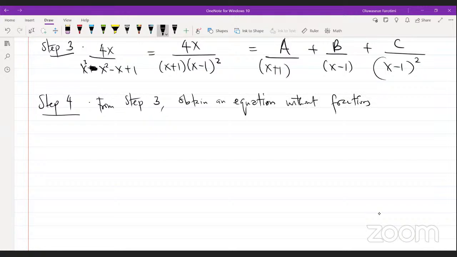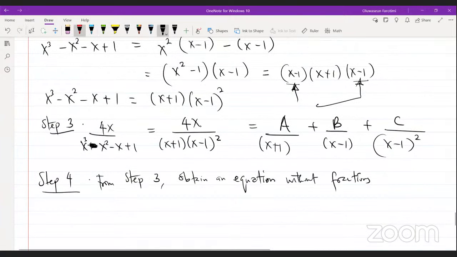So what does this mean, guys? The same thing we did in the previous example. You got to get rid of the bottom. How do you get rid of the bottom? You can multiply. So let's see, what are we multiplying by in this case? x plus 1 and x minus 1 all squared.